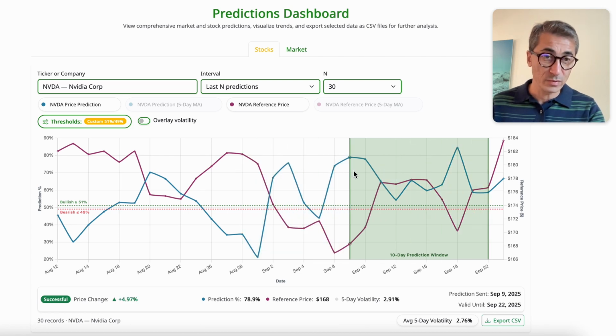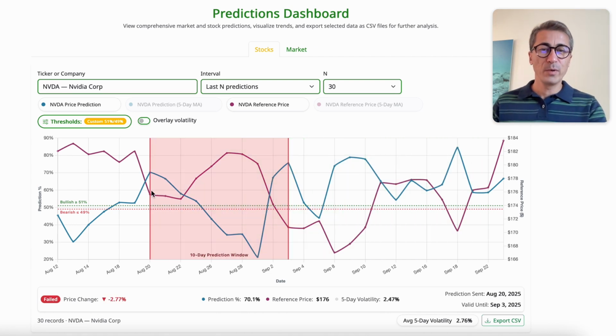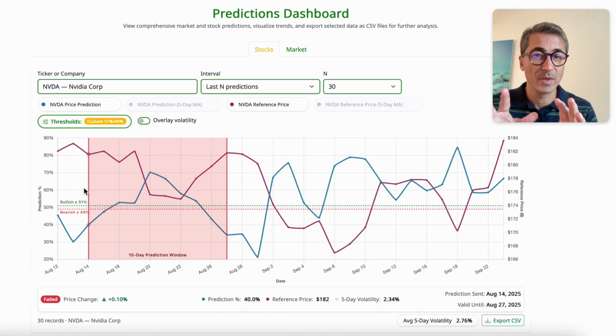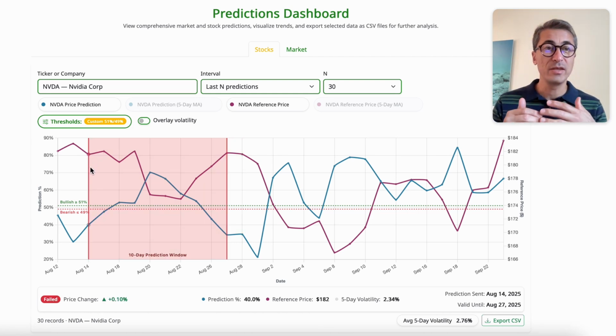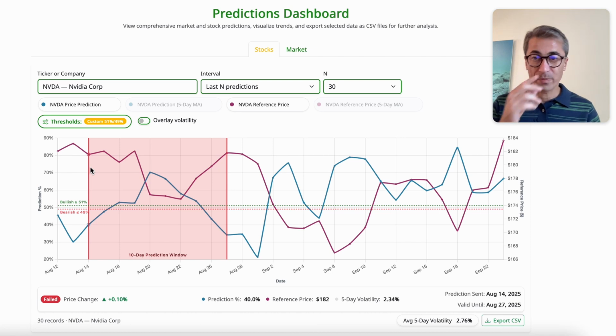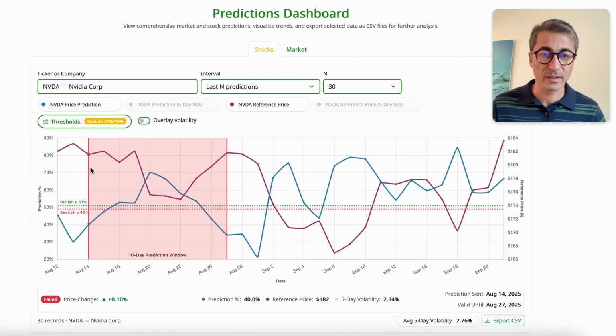So the period was quite successful in this case during the rest of the time. So the point here is that with the help of these red and green colored boxes, you'll be able to focus on the prediction interval itself so that you can analyze visually how the prediction is trending versus how the price of the stock has been changing, at least the reference price that we are taking in this case.